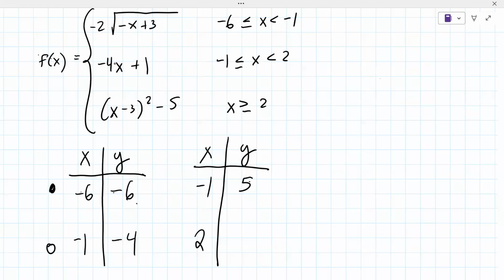For 2 right here. Now, -7. Okay, it's -7.